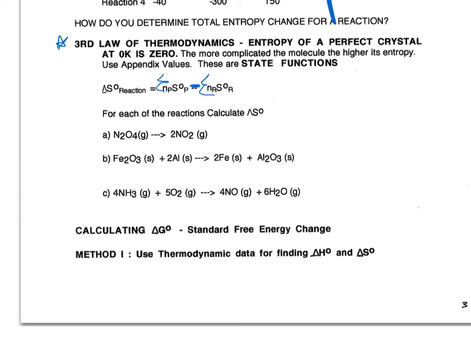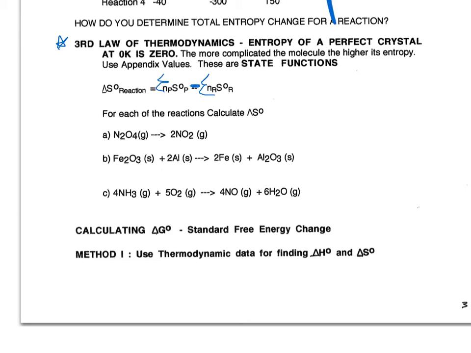The first one we have here is N2O4 gas going to 2NO2 gas. And first of all, why don't we do a little prediction as to what might happen to delta S? We have 1 molecule of N2O4. It's going to 2 molecules of NO2.